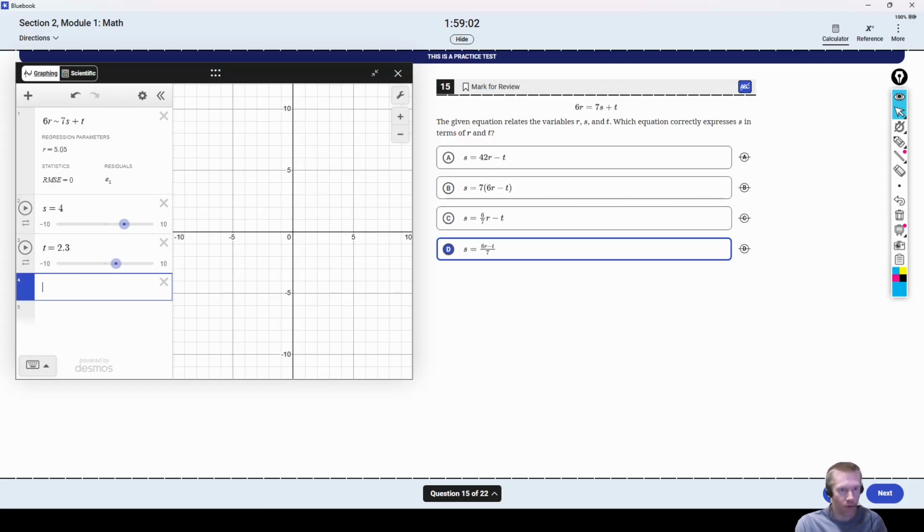Okay, now all I got to do is type each answer choice, and I'm looking for the one that matches s, which is 4. Okay, answer choice A is not 4. Let's check answer choice B. Is that 4? No. Let's check answer choice C. Is that 4? No. Okay, so it's got to be D by process of elimination.